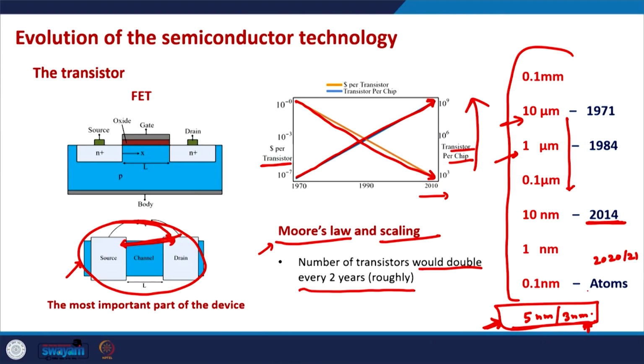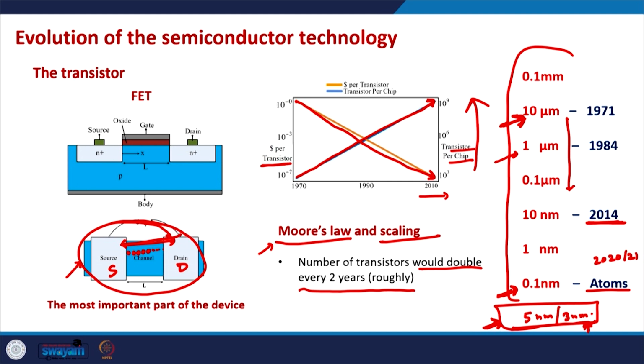And if we look at the dimension of atoms, it is a few angstroms. So the number of atoms in the channel of modern devices, if we have, say, a 10 nanometer device, and the size of a single atom is typically 1 angstrom, 0.1 nanometer, means we have only around 100 atoms in the channel between the source and the drain, as compared to the many atoms that used to be there in the 1970s when the transistor was first invented.